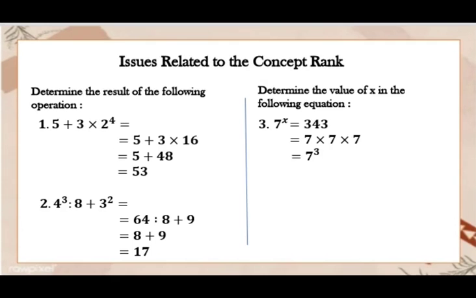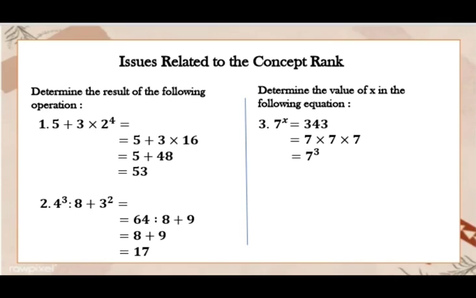Okay, let's move on to the arithmetic operation problems. Now remember, in arithmetic operations there is an order of work, so don't just do it carelessly. The order follows these rules. First, the numbers in brackets are worked out first. Second, multiplication and division. The last one is addition and subtraction.